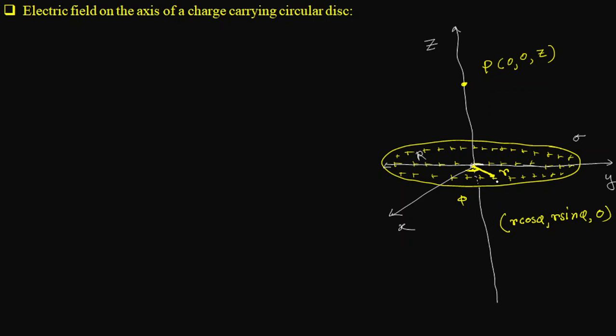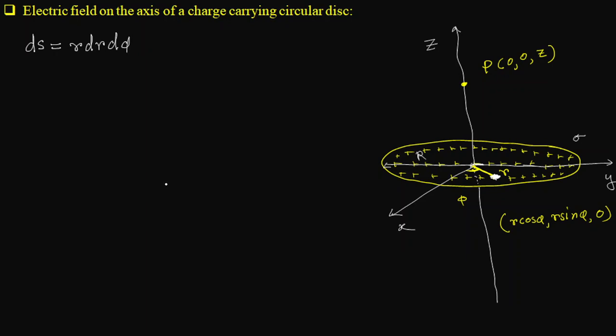Now we have to consider the elementary area around this point. What will be the elementary area? We have already discussed that when we discussed the 2D polar coordinate system. So we can consider the elementary area here, and ds we can write as r dr d phi.